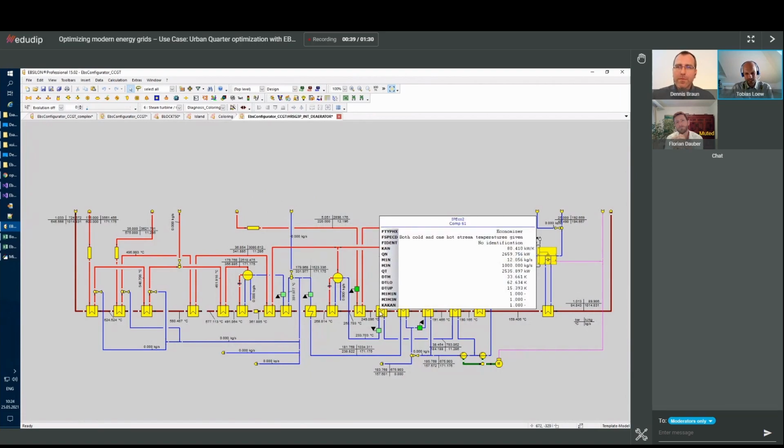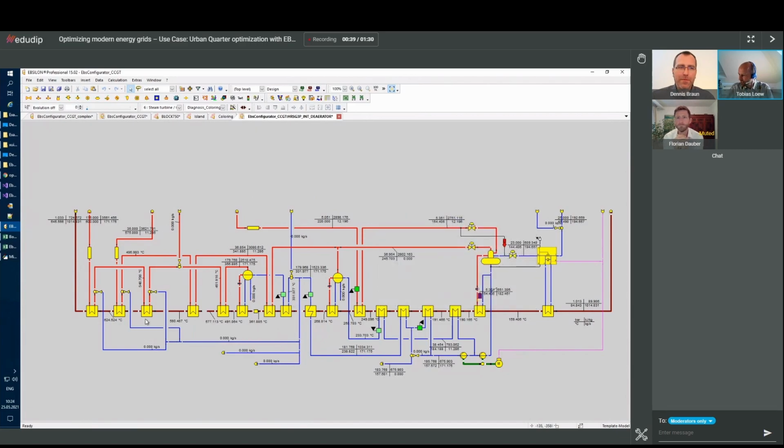So EBSILON is not abstracting away, and you only have a characteristic line-based model. No, it calculates the whole stream, the flue gas stream going through all these heat exchangers, and that's all calculated. So the calculation kernel doesn't know about macros. It always sees the whole model and makes the balance over the whole model.